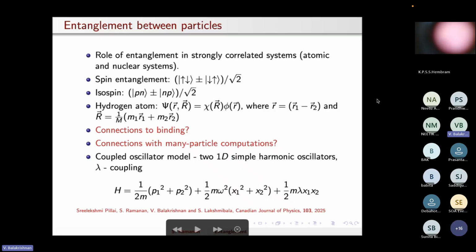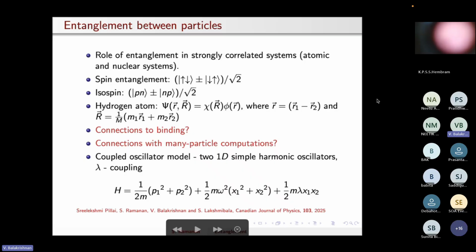Therefore, traditionally in many-body computation, one looks at possible ways of minimizing these correlations or taking them into account in a simplified fashion, which could mean resummations, or alternate ways of getting interactions, so as to minimize correlations so that you can carry out these computations more efficiently. So we wanted to see if there were signatures in entanglement with respect to these aspects.